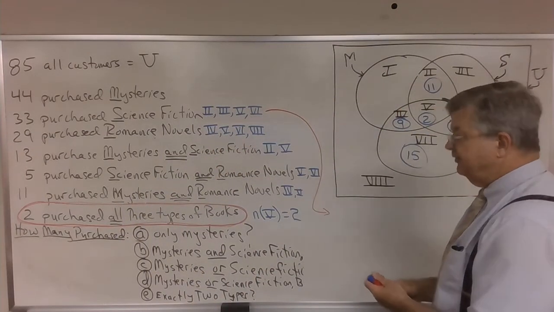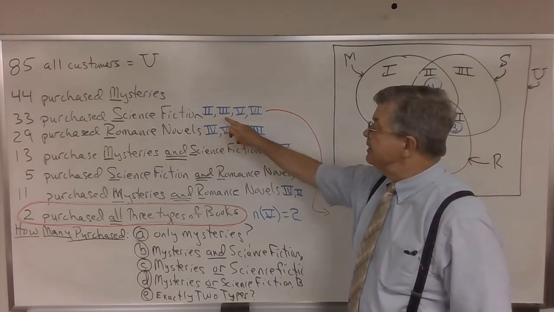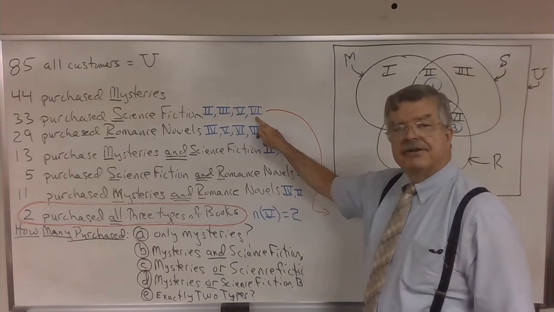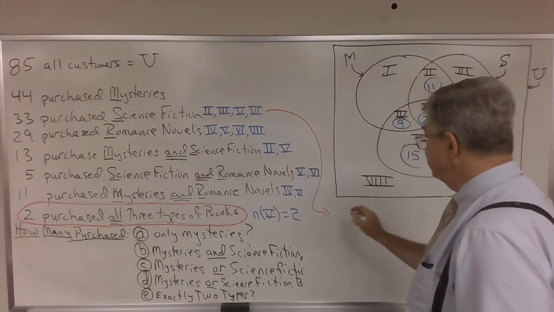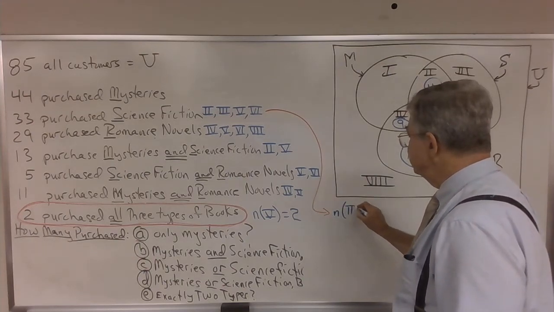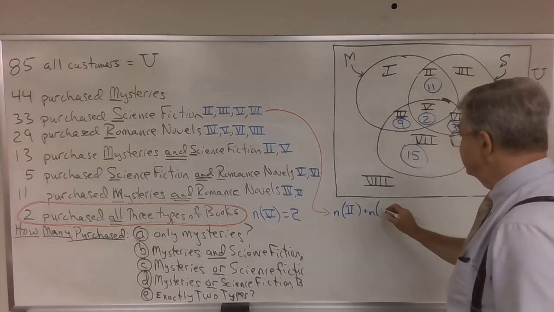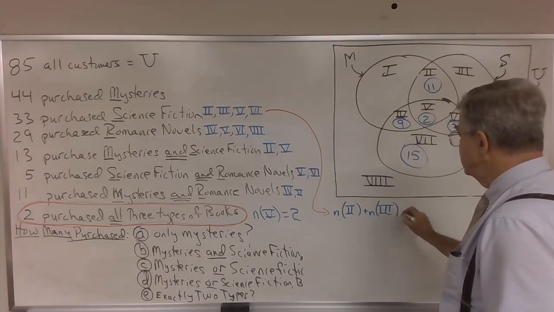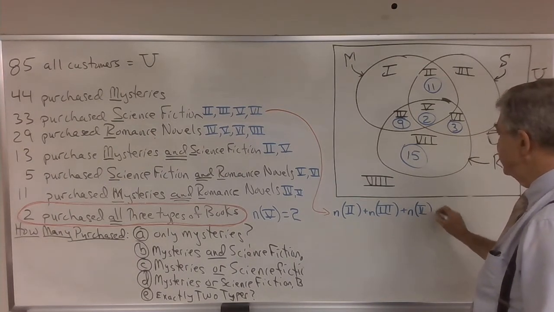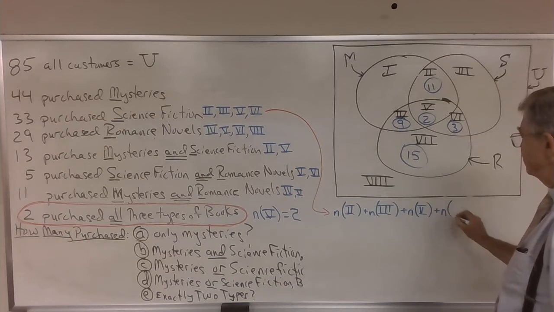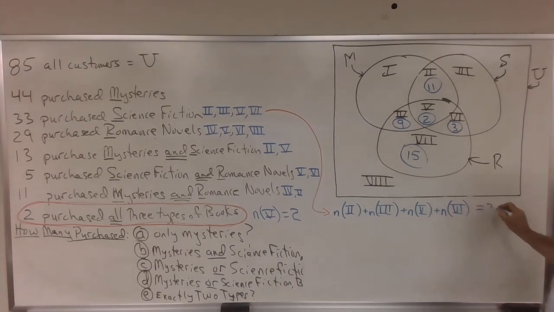33 people purchased science fiction. So if we add up all the people in regions 2, region 3, region 5, and region 6, we get 33 people. So let's write that down. Number of people in region 2 plus number of people in region 3 plus number of people in region 5 plus number of people in region 6 equals 33.